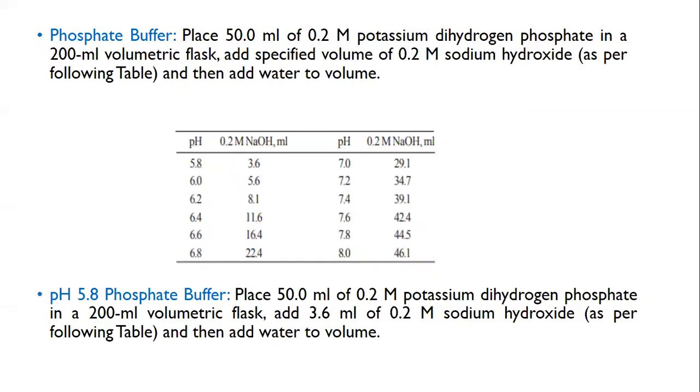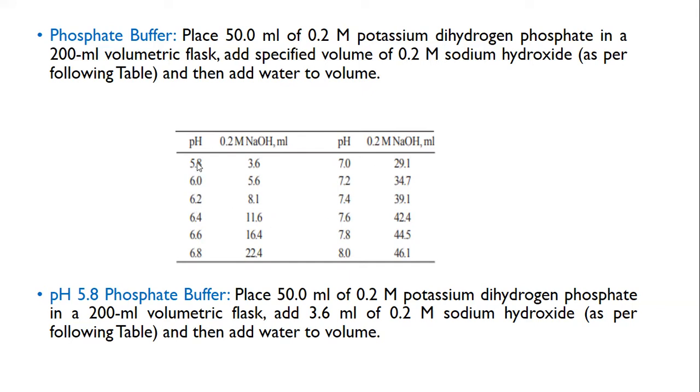Once the 0.2 molar potassium dihydrogen phosphate solution and 0.2 molar sodium hydroxide solution are prepared, the composition to develop pH 5.8 phosphate buffer is that 50 ml of 0.2 molar potassium dihydrogen phosphate is added to a 200 ml volumetric flask.